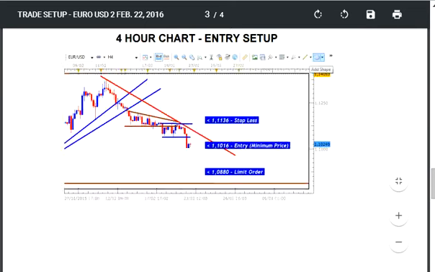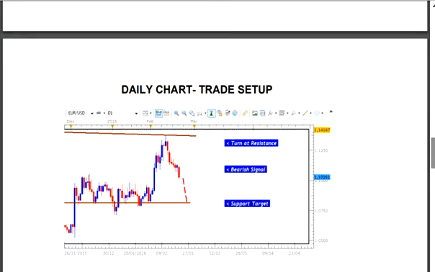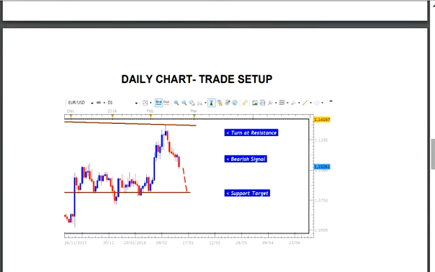Our setup is going to be done on the 4-hour chart using the trend line and the consolidation setups that have been formed for our entry and stop loss placement. Our limit order is going to be placed just above the support boundary. Maximum holding period for this trade is 5 days, which would take us to Monday, February 29th.